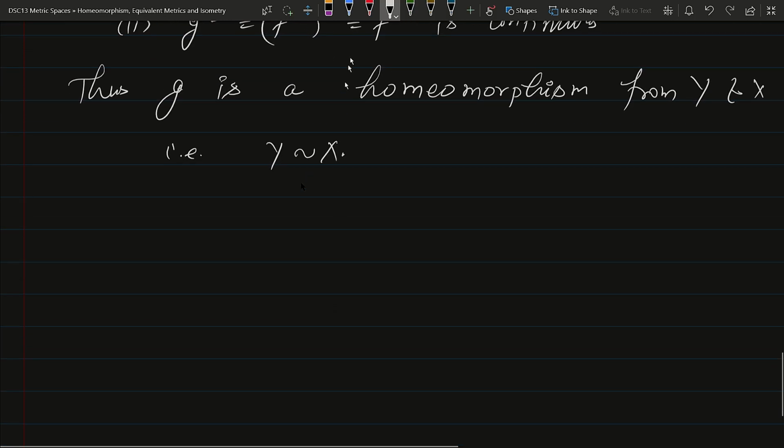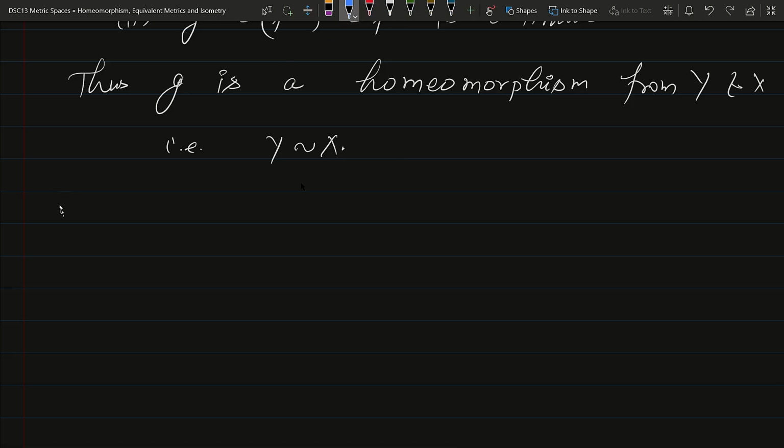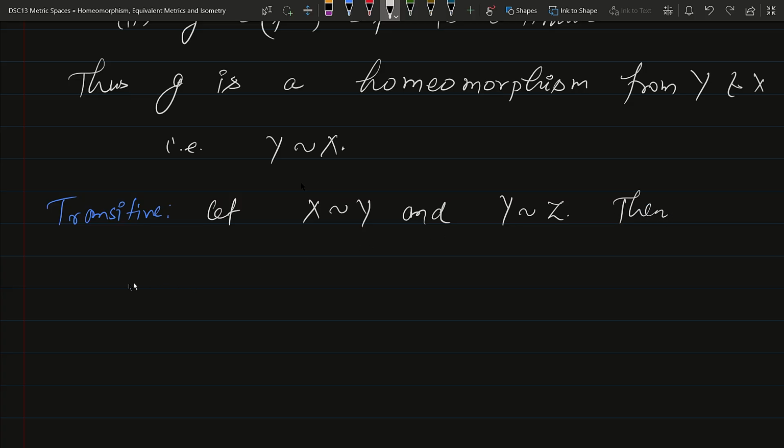So this is about symmetry, and now come to the transitivity. Let X be homeomorphic to Y and Y be homeomorphic to Z. Then we shall show that X is homeomorphic to Z. और ये कब homeomorphic होगा?